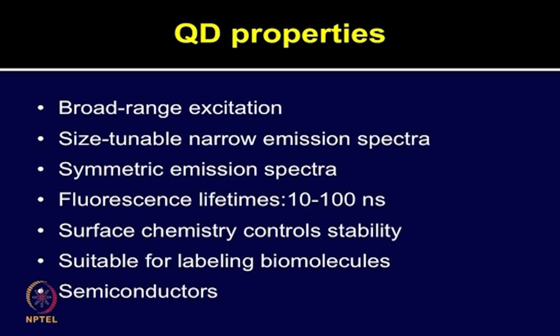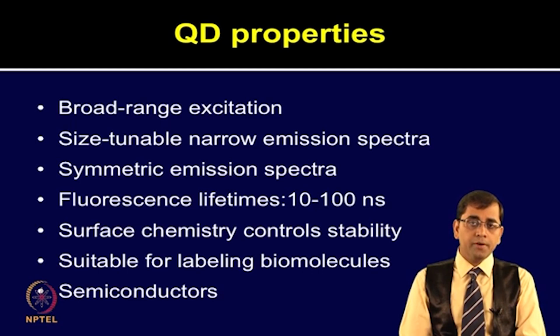So, what are the different properties of quantum dots? They have broad range excitation and size tunable, narrow as well as symmetric emission spectra. Their fluorescence lifetime ranges between 10 to 100 nanoseconds and the surface chemistry controls their stability.